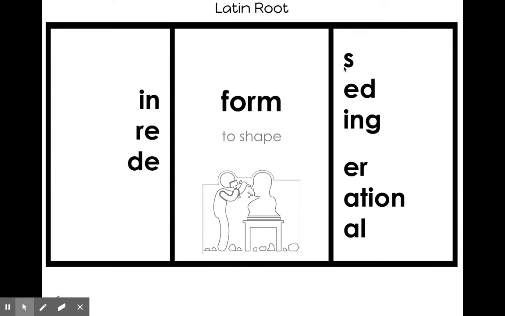If we add an s to the end, we have informs, or informed, or informing. See how that works? So we have form is always going to be in the center. Your prefixes are always in the beginning of the word. And then all of these suffixes are possibilities of what could be at the end.